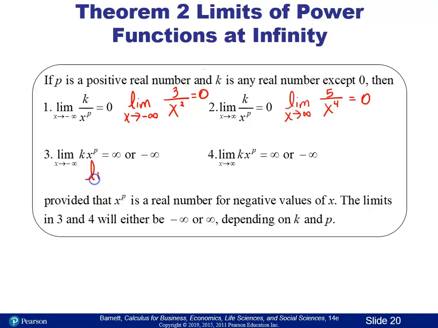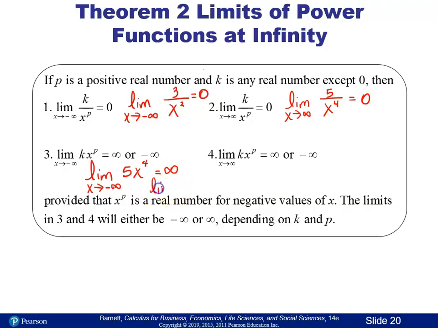If I'm looking at the limit as x goes to negative infinity of, say, 5x to the 4th, the 5 is kind of insignificant, but if I'm putting in a really large negative number, like -1,000,000 to the 4th, then because this is an even power, it gets rid of the negative, but it is still just going to infinity. So it would be a case where the limit does not exist because it's going to infinity.